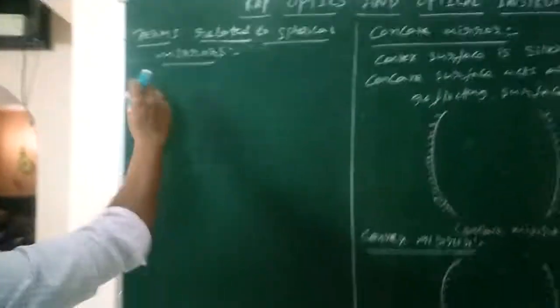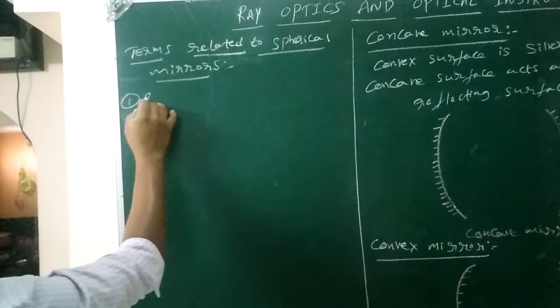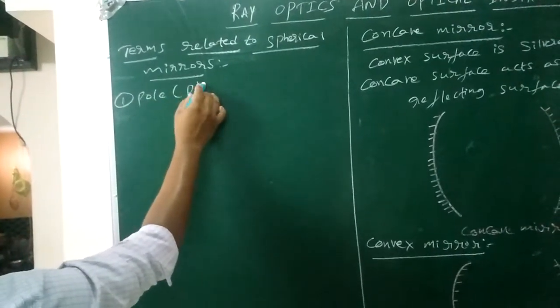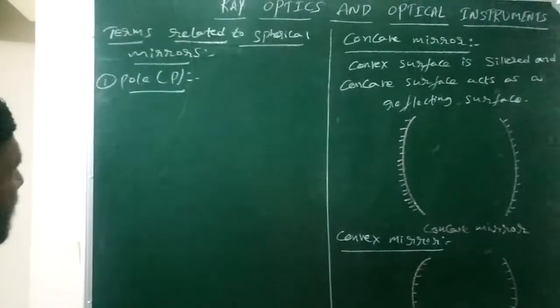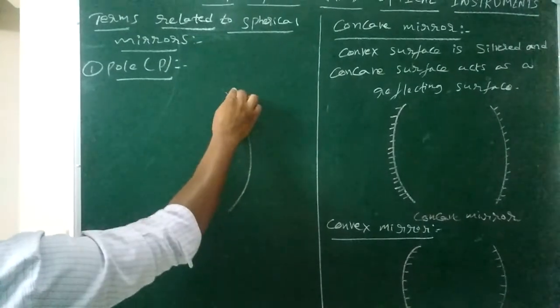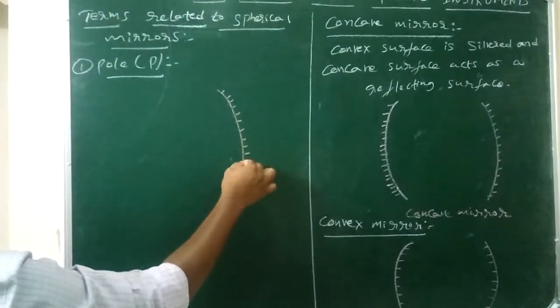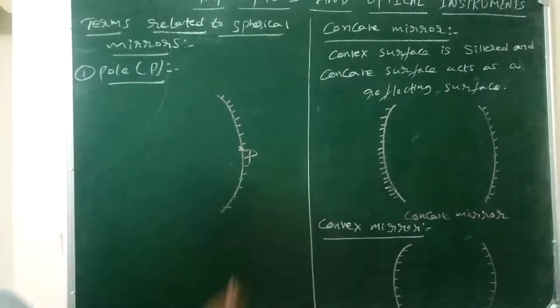Now, terms related to spherical mirrors. The first one is the pole. It is denoted with the letter P. I am taking the concave mirror. It is a point on the mirror at the middle of the surface.